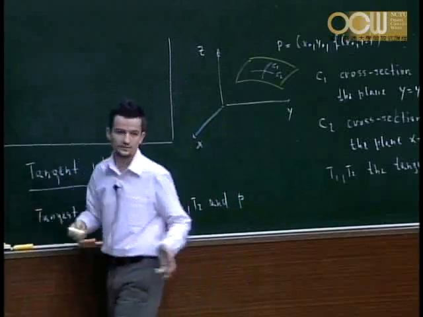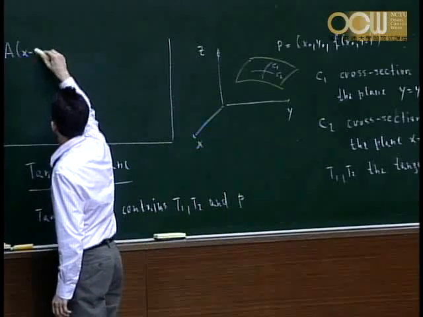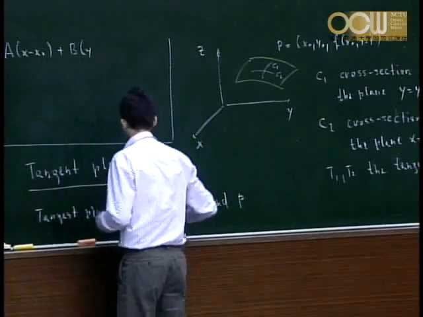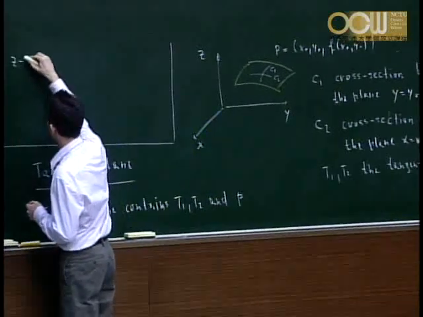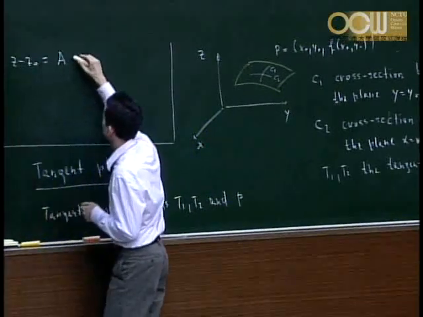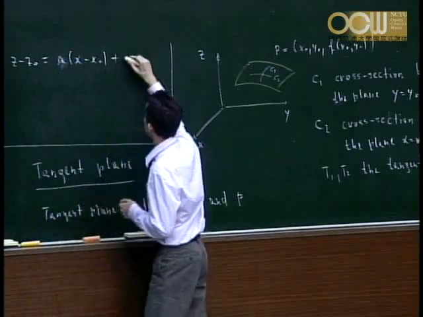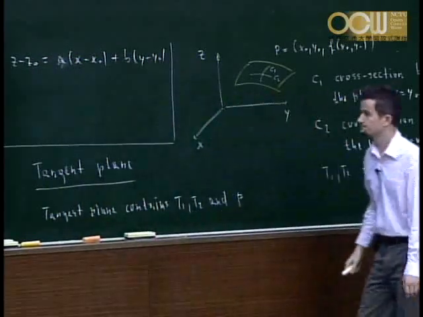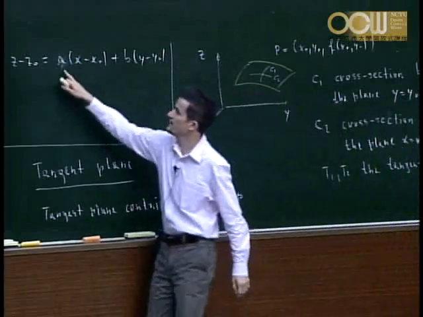Whenever you have a plane, we know it should satisfy an equation of the form a(x minus x0) plus b(y minus y0). Now, what we have to find is a and b.